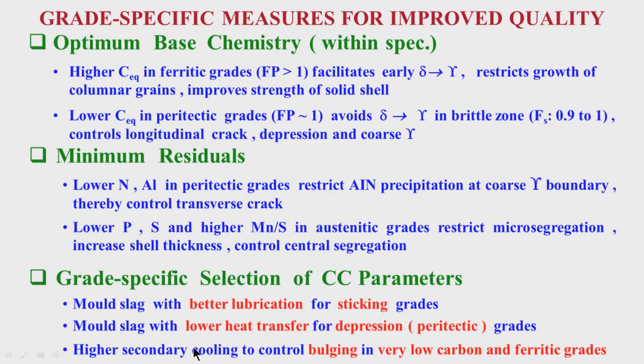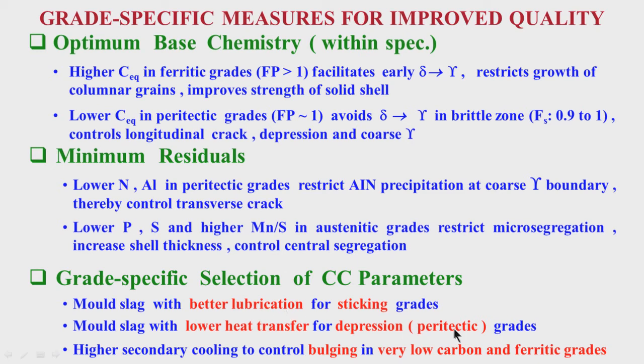As I mentioned, secondary cooling has to be high to control bulging in very low carbon and ferritic grades, silicon steel which is a ferritic grade, ferritic stainless steel 430. So their secondary cooling intensity and what the distribution should be will play a very important role, and the mold slag has to be such that you get better lubrication.